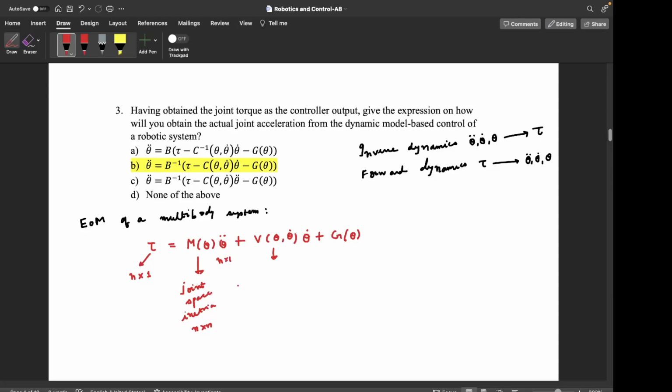This is your centrifugal and Coriolis matrix, basically the effect of these forces on the system. Again, these are joint velocities. And these are gravity terms.